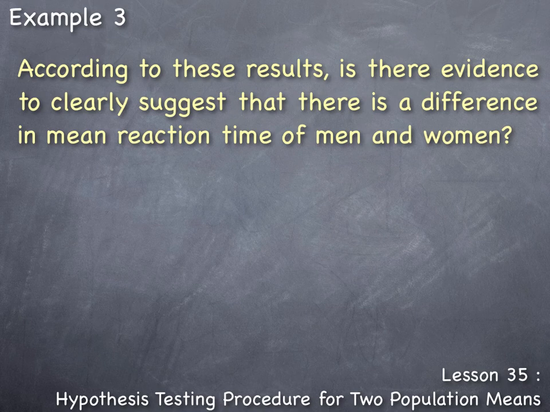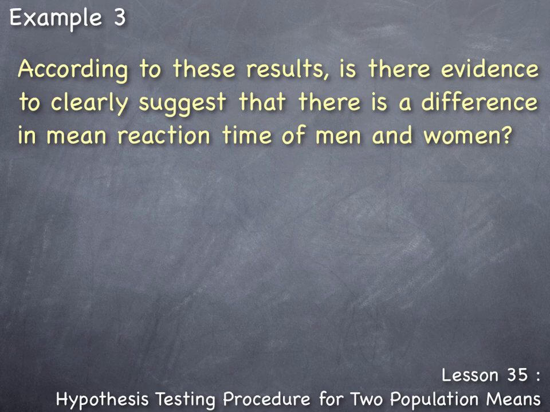Now, this idea wants to know if there is evidence to clearly suggest that there is a difference. So a difference would mean not equal, in the mean reaction time, which would be mu, of men, which is one population, and women, a second population.